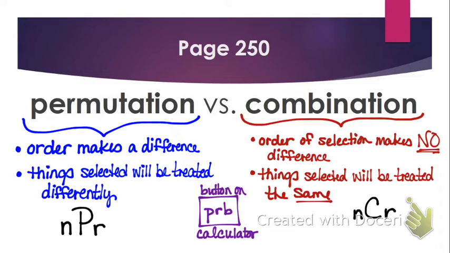So here's the way we're going to use these buttons, and we'll practice using them here in just a second. We're going to type a number in first. That's what goes in for the N. This will be the total number of things that we're choosing from. So this is our whole big group, however big the initial group is.